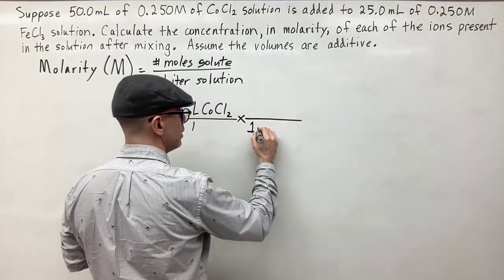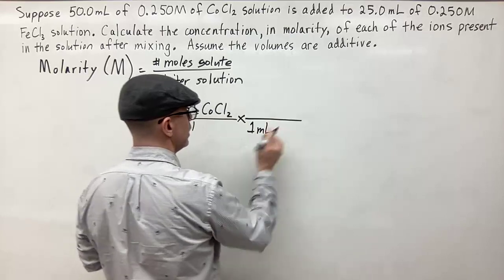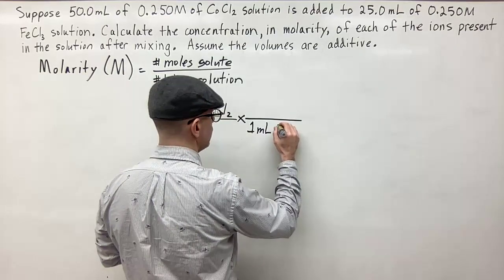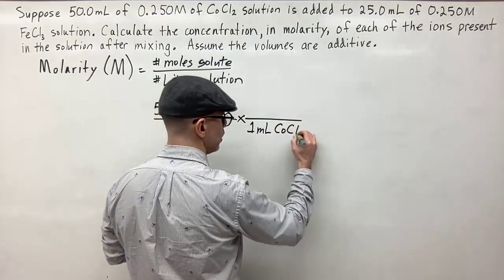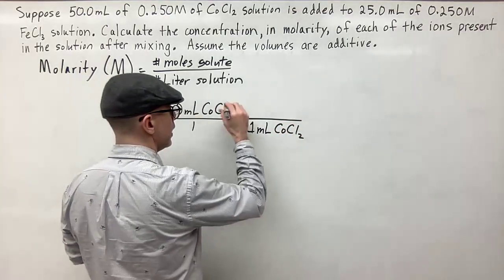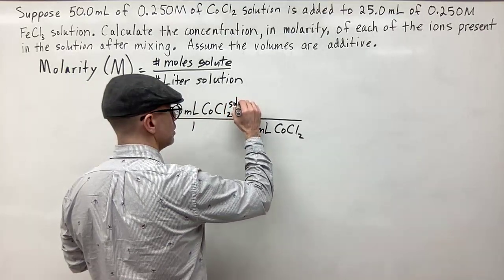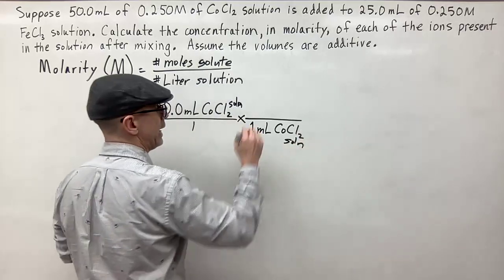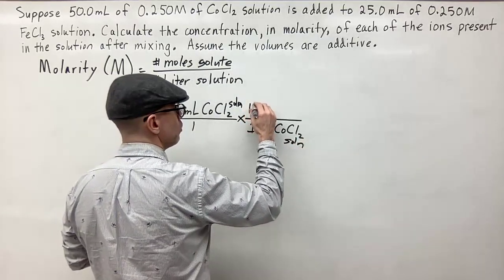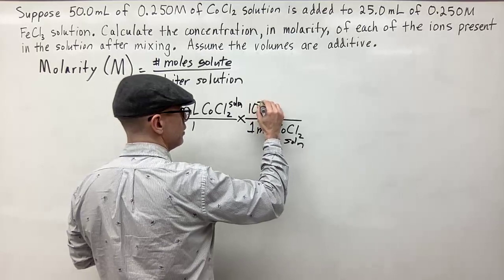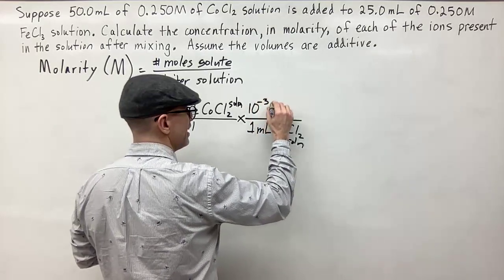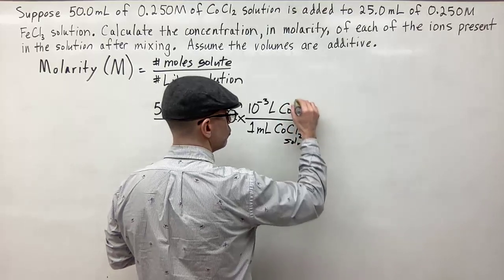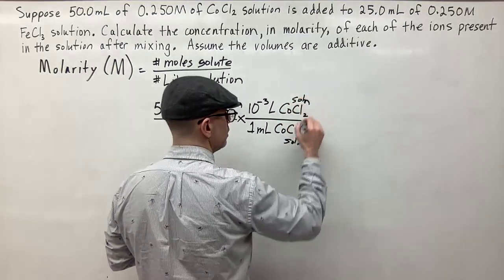So 1 milliliter, this goes on the bottom because I have milliliters on top. So 1 milliliter of the CoCl2 solution is going to be equal to 1/1000th, or 10 to the negative 3 liters, of CoCl2 solution.